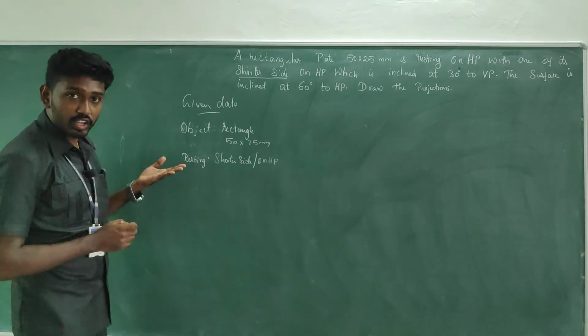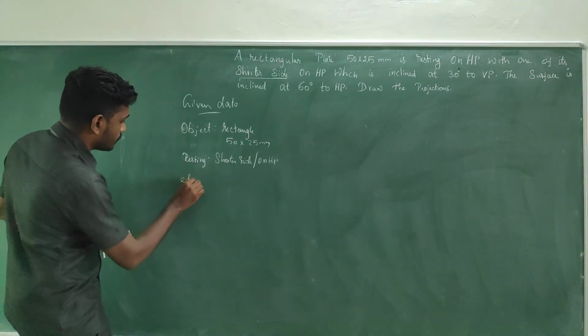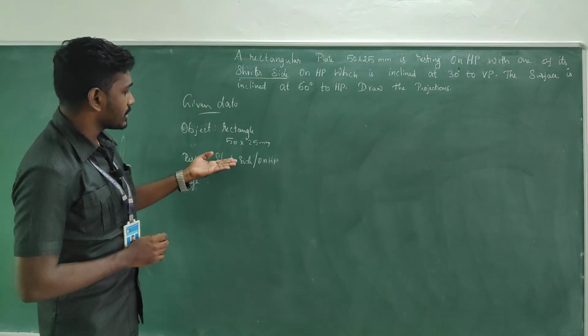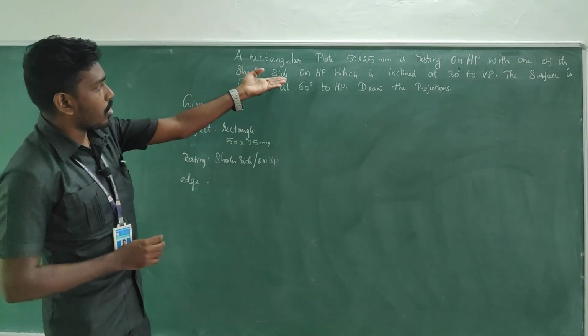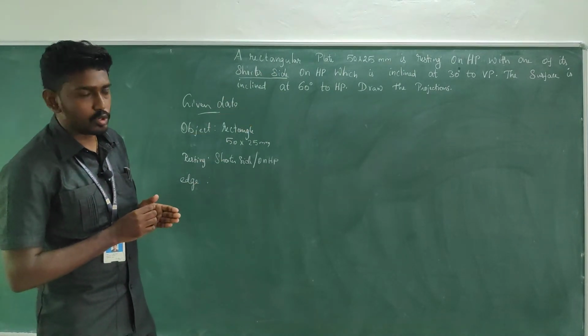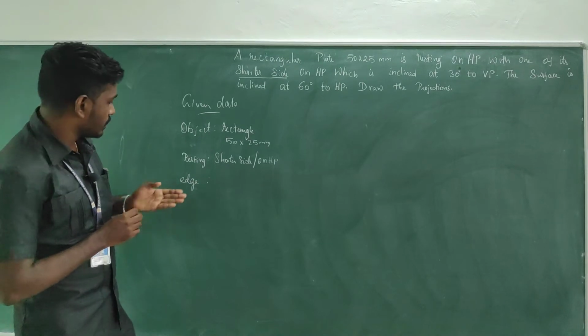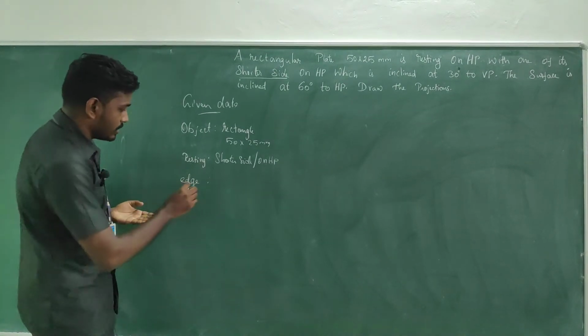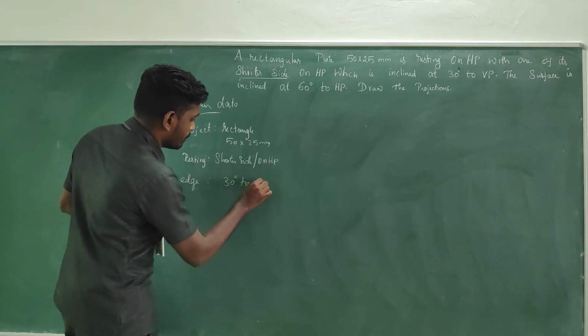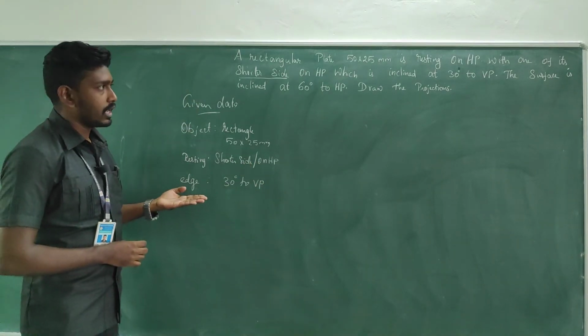That means they are talking about the edge inclination. The shorter side which is on HP is inclined at 30 degree to what? VP. So the edge inclination is 30 degree to VP. Have you got it?